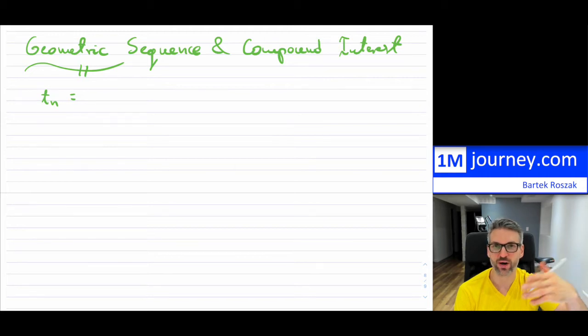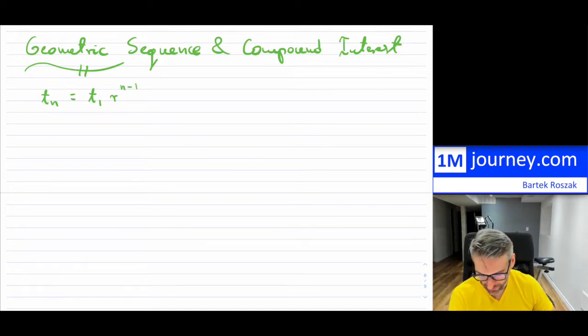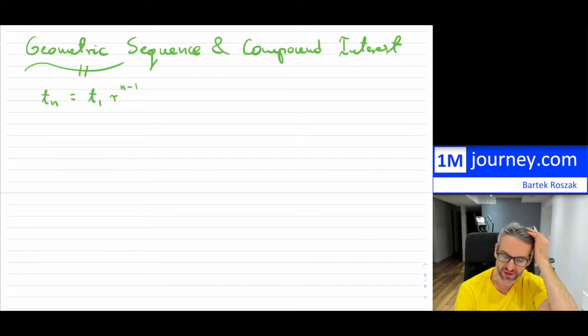For n equals 1, that would be term number 1, term number 2, term number 3, and so on until you get to term n. And the equation is nothing else but knowing the first term and multiplying it by the ratio raised to the exponent of n minus 1. Okay, so that's the geometric sequence.